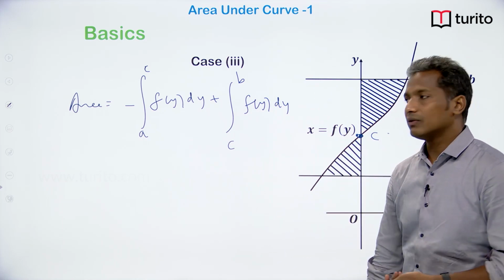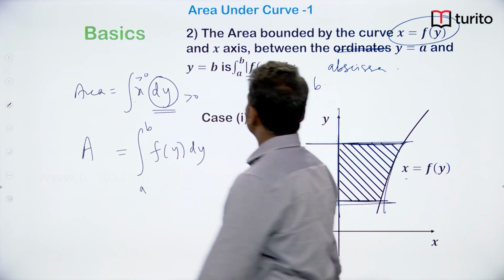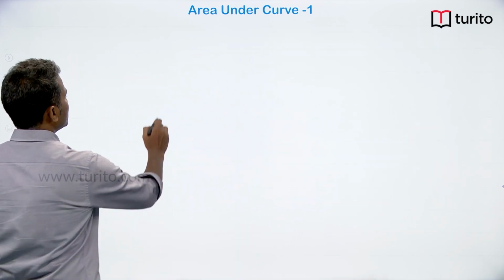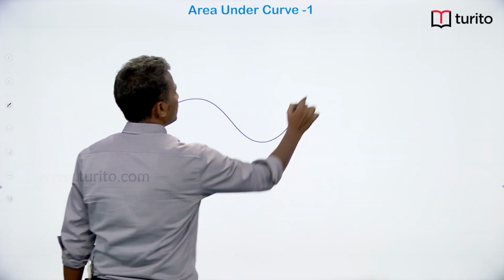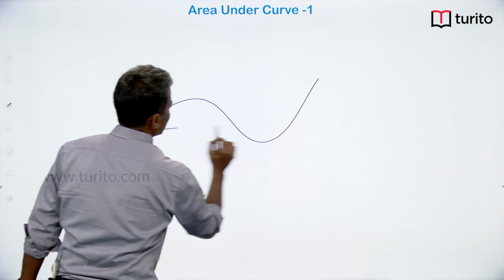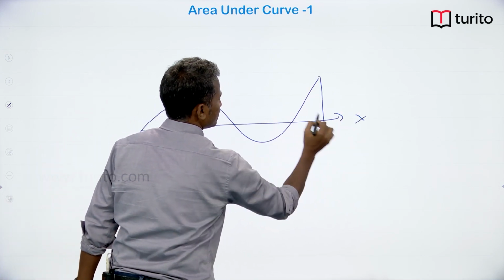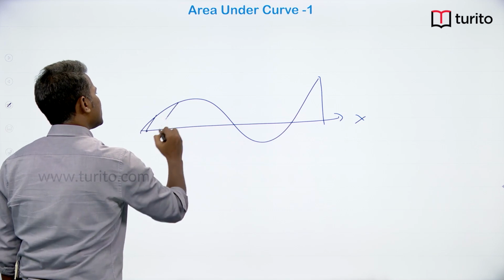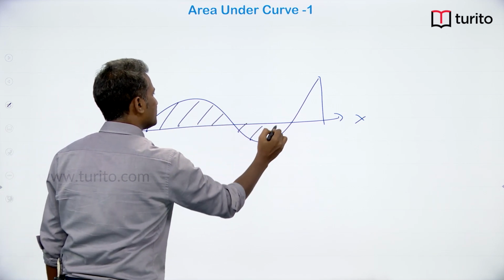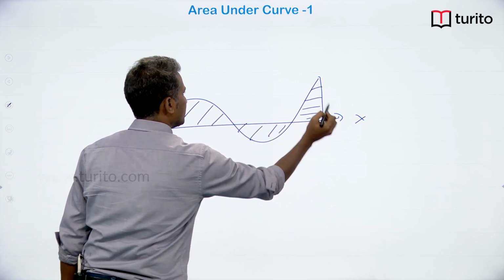Suppose let us say we have a case like this. Suppose let us say the function is varying like this and this is my x axis, and I want this complete area. Okay.